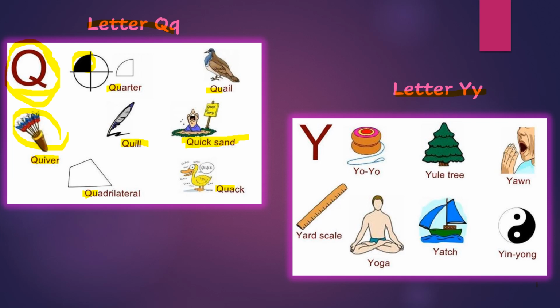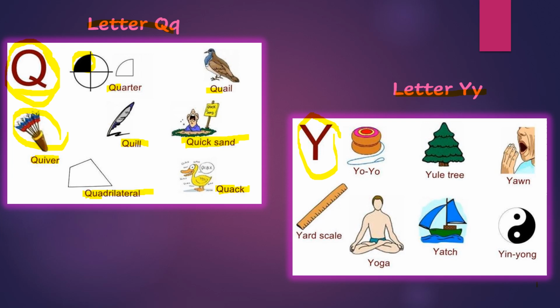The next one is a quadrilateral, which is a shape with 4 sides. Remember the word quad? We talked about that when it was something with 4 wheels or 4 sides. And the last one is, what does a duck say? Quack. Quack, quack, quack.